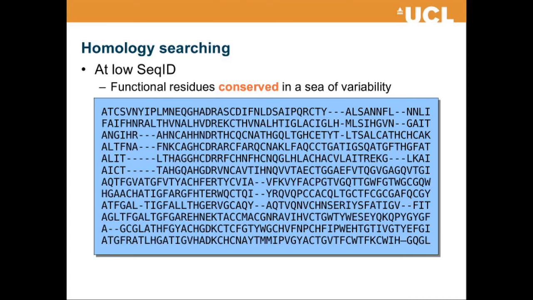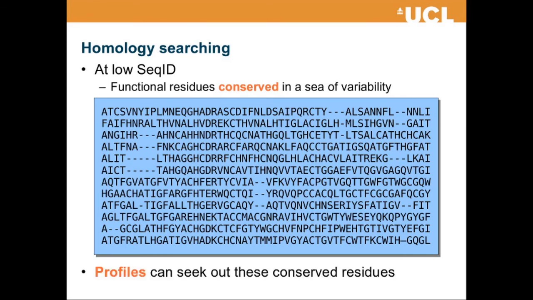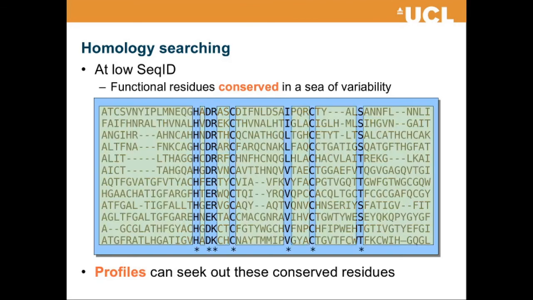So looking at that multiple alignment, it's quite hard to see what's going on there, but a profile is a way of seeking out conserved residues automatically. And once we highlight then the conserved regions, you can see that there are a fairly small number of amino acids that are at least relatively conserved throughout all these residues.